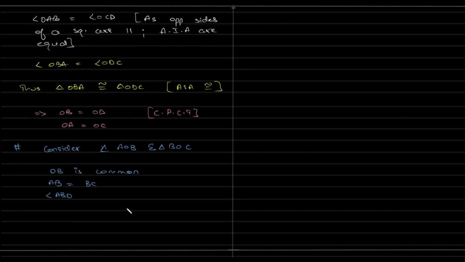We also have the third side, AO is equal to OC. It's already been proved, right? We have proved it over here. Therefore, by SSS congruency, triangle AOB is congruent to triangle COB.